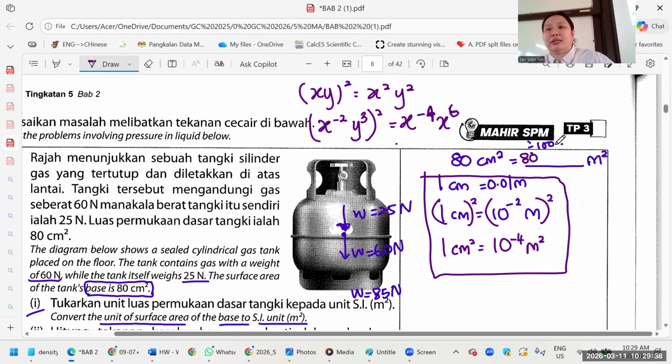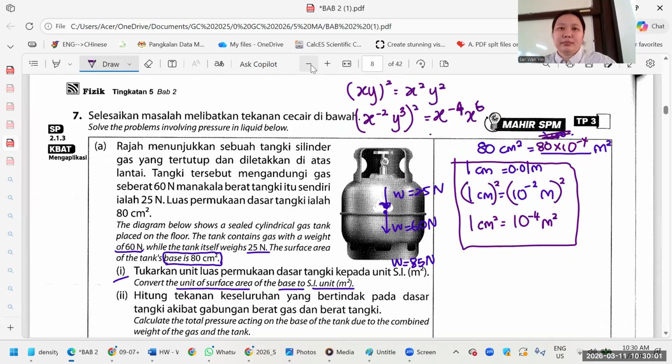So not divided by 100, actually you divide by 10,000. You want to make it standard form or not, up to you. For me, I prefer you all stay here to avoid careless mistakes.